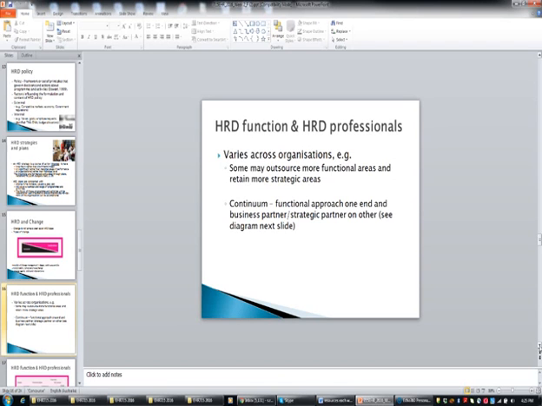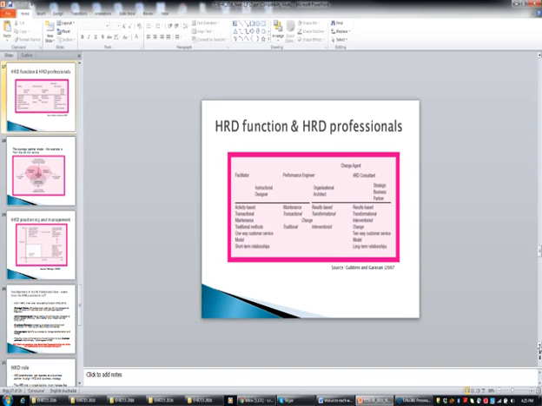So also within HRD itself, sometimes we think about it at the more functional end, and the other end as a strategic partner. This is on a continuum, and that's on the next slide. So if you look at one end, you can see that HRD would be seen as a strategic business partner in the organisation, and at the other end, just as important, is activity-based HRD, training programs, transactional kind of learning about central skills that people need in an organisation.